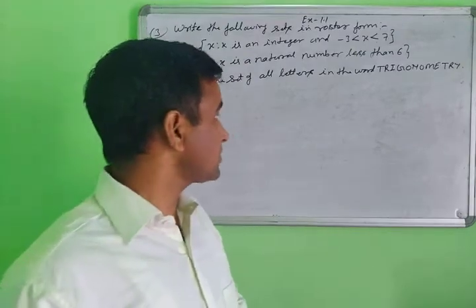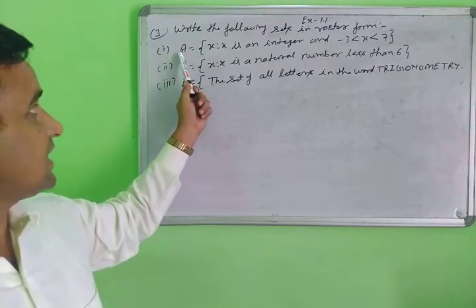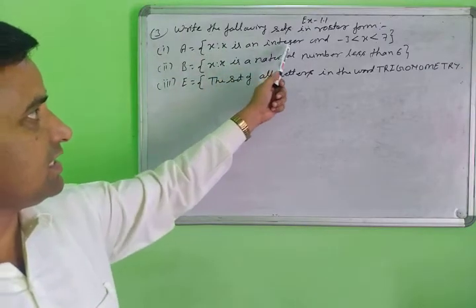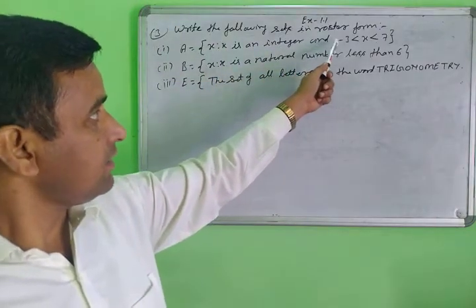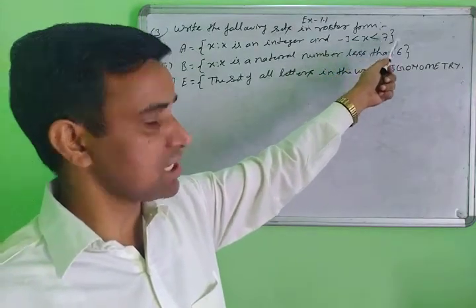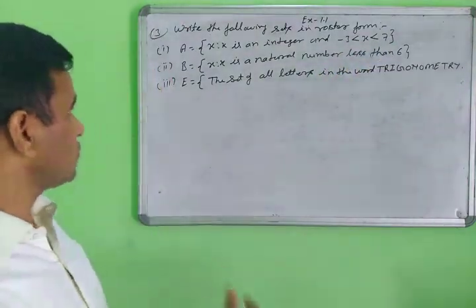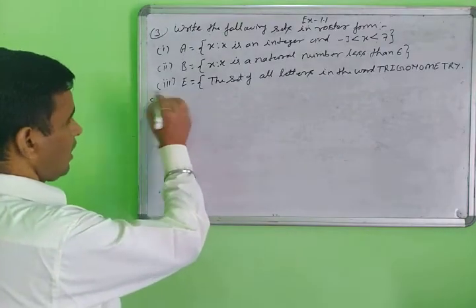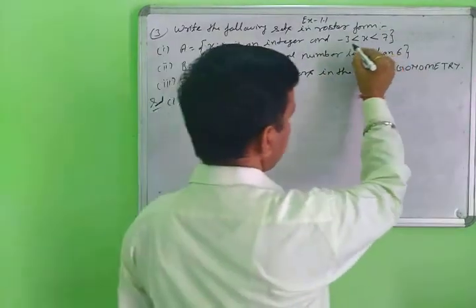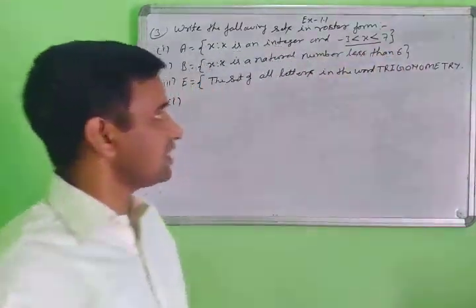Now question number first, set A, you have given x such that x is an integer and minus 3 less than x less than 7. Solution here. First of all, look at this part. This is the limit.